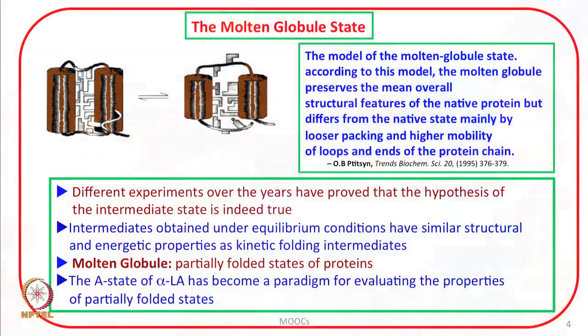Now, let us take a look at the next comment. The A state of alpha lactalbumin, LA, I am using the abbreviation for alpha lactalbumin, has become a paradigm for evaluating the properties of partially folded states. I will take several examples using the protein alpha lactalbumin. Alpha lactalbumin is a milk protein.